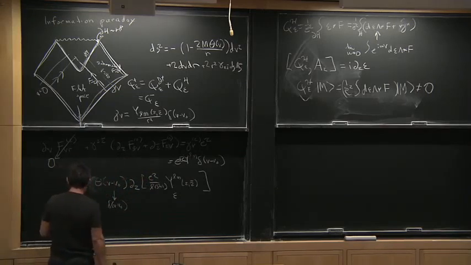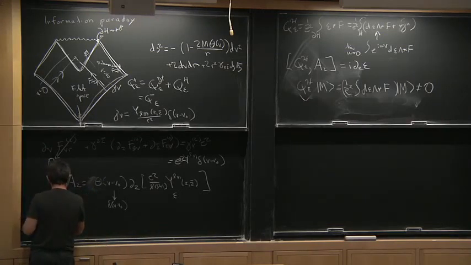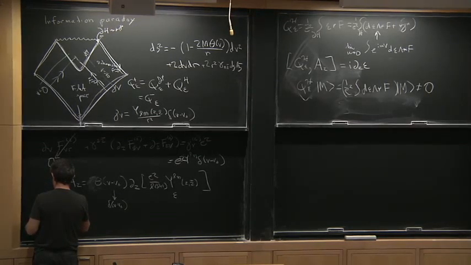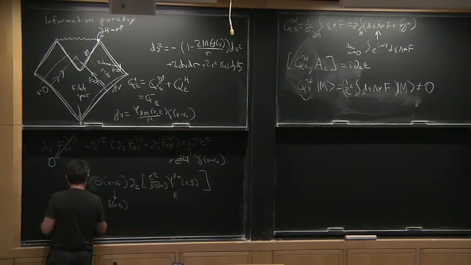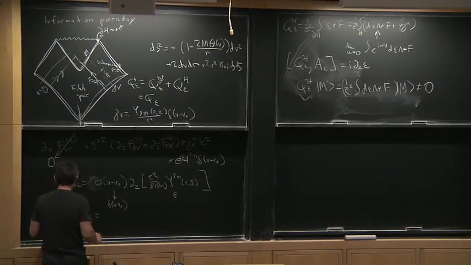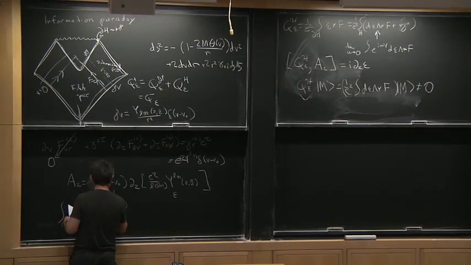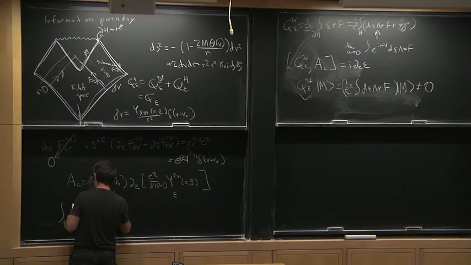So now if we take the integral along the horizon of dv of F_vz, it will just be equal to minus ∂_z epsilon.